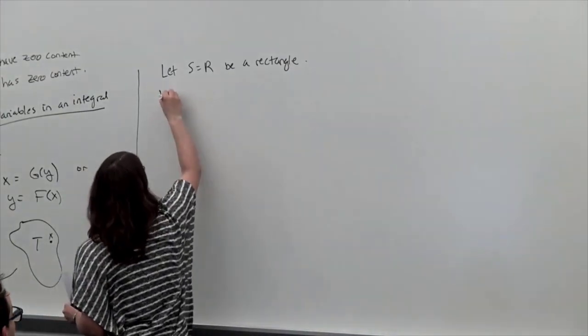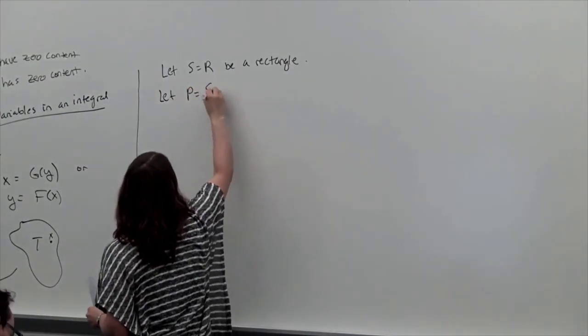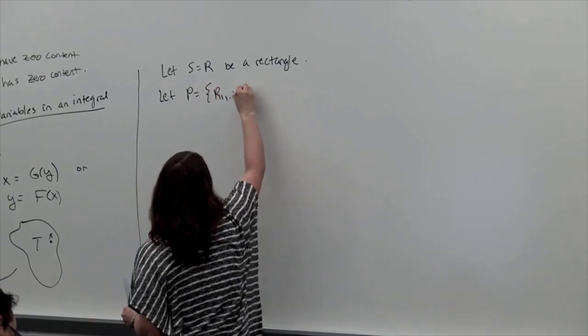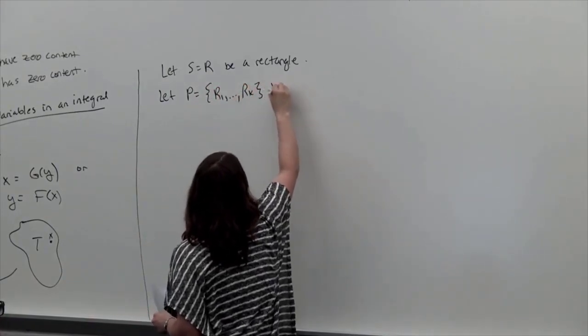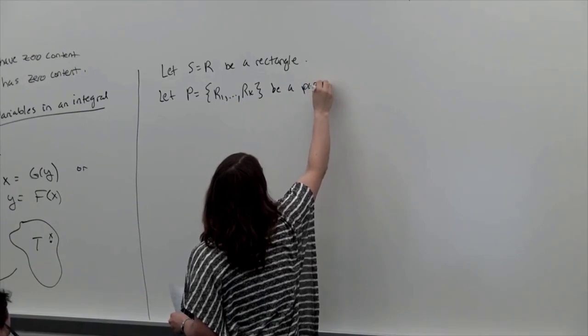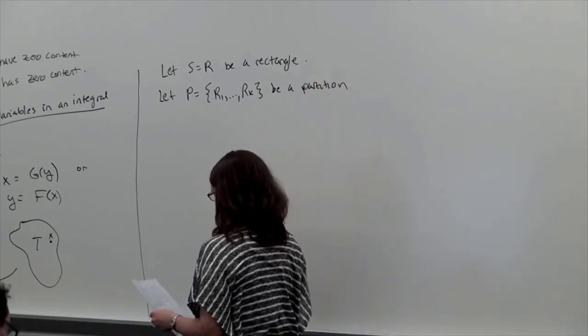Okay, so let's let P be our partition. So this is a partition of our rectangle.